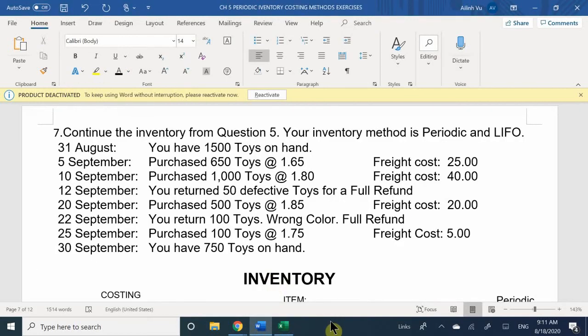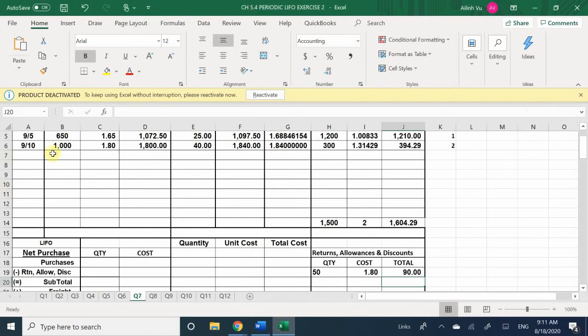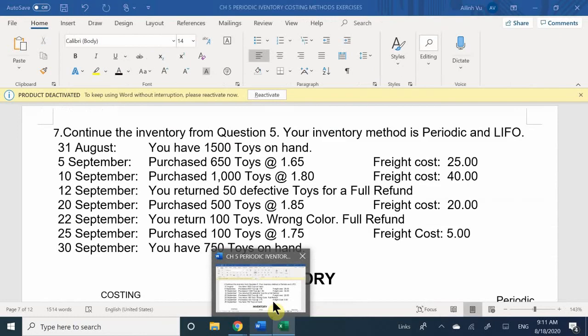Okay, what happened next? We purchased another 500 toys at $1.85. This was September 20th. 500 toys at $1.85, and my freight was $20.